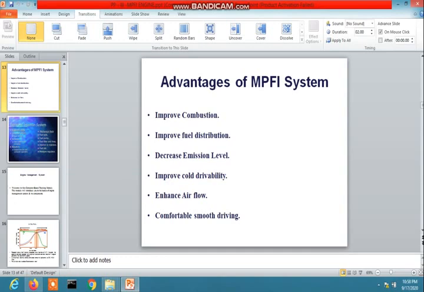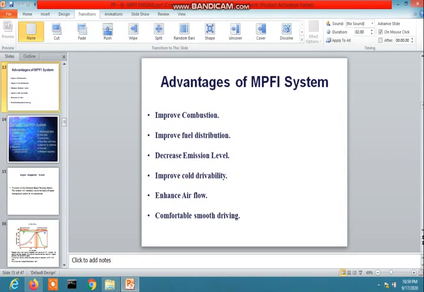That means better fuel atomization. Second is to improve fuel distribution. That means fuel is mixed inside the manifold as per the speed and load condition, and the right quantity of fuel is mixed.